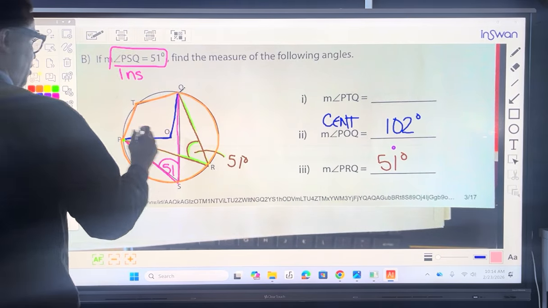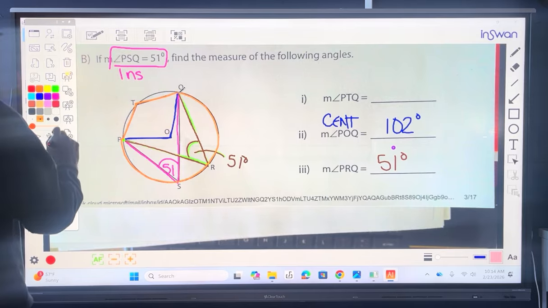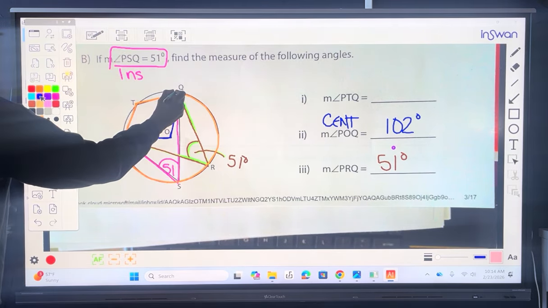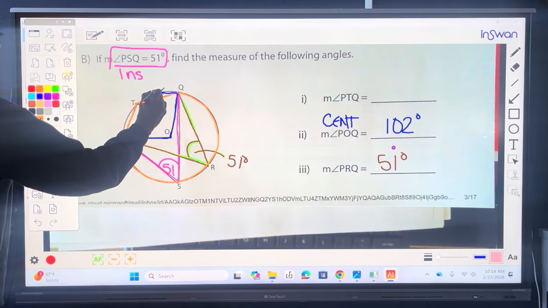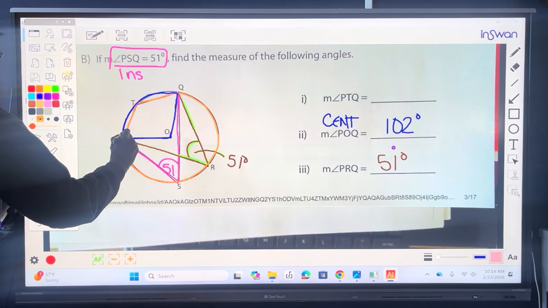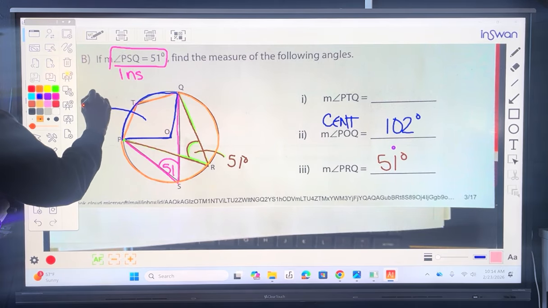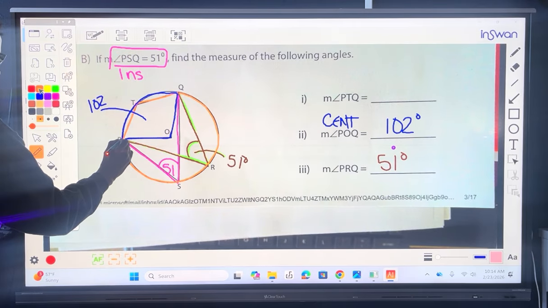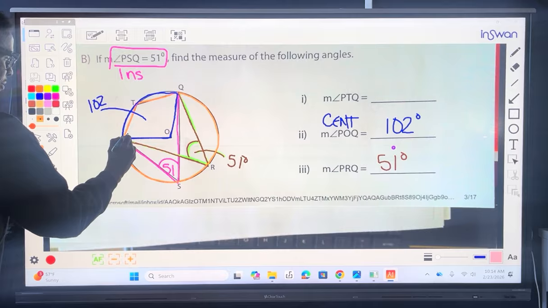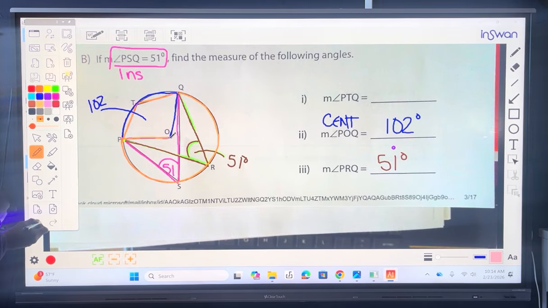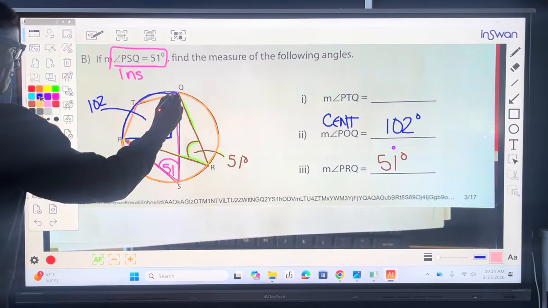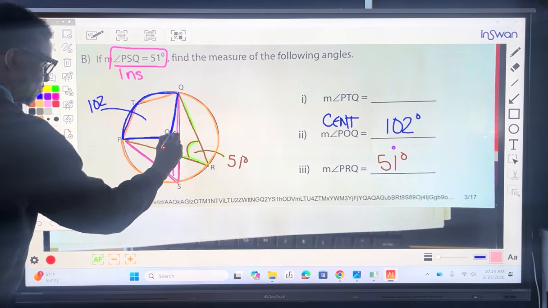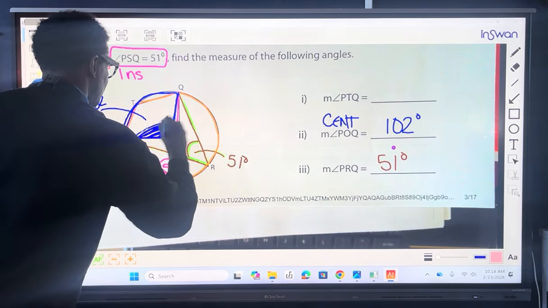Take a look, hold on. You told me my central angle of all of this was 102. So what would the rest of it have to be? This piece of everything was 102.